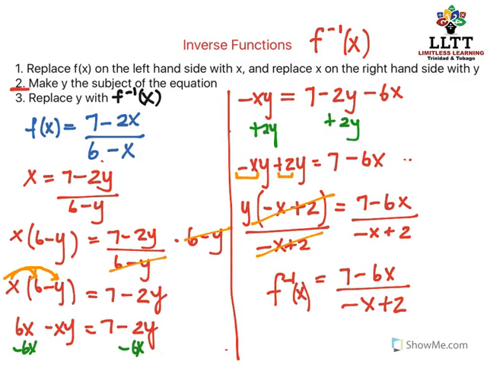So I'm going to take away y and replace it with f inverse of x. So the inverse function of (7 minus 2x) divided by (6 minus x) is (7 minus 6x) divided by (minus x plus 2).